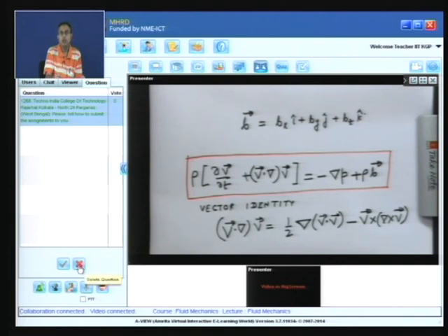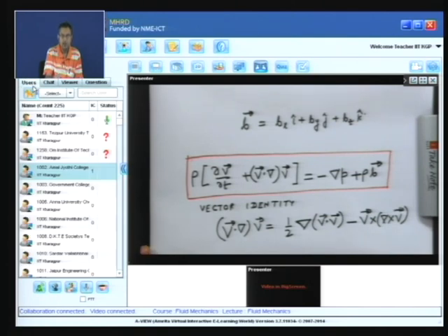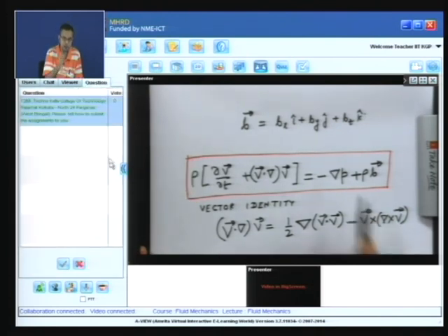If you look into any engineering mathematics book, in the chapter of vector calculus, you will find this identity and possibly the derivation of this identity. That is beyond the scope of this course, but here we are making use of this identity to simplify this equation.